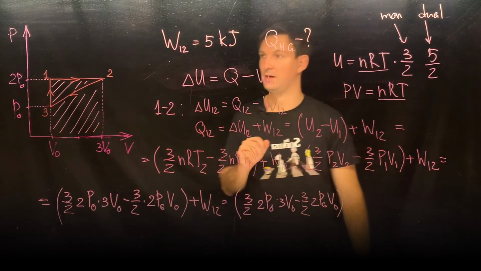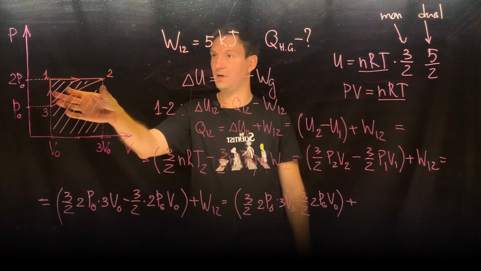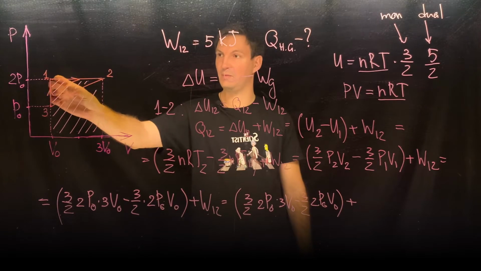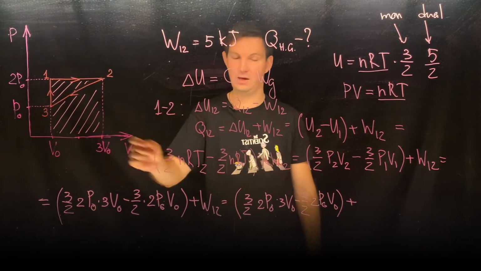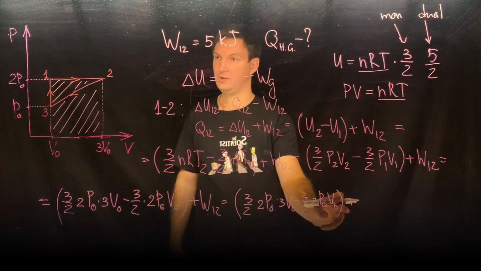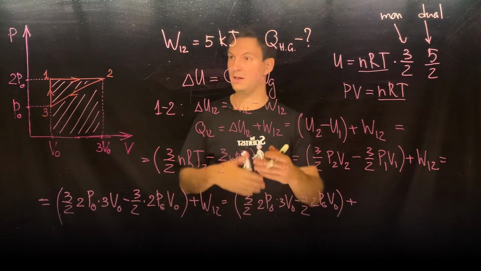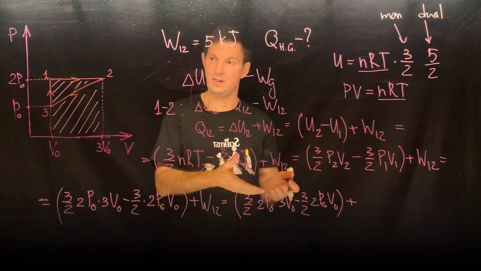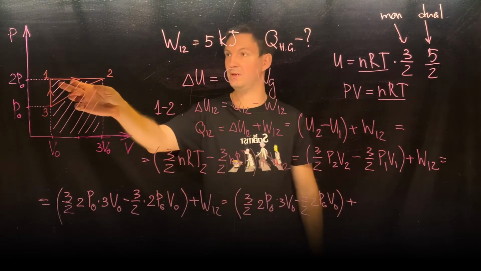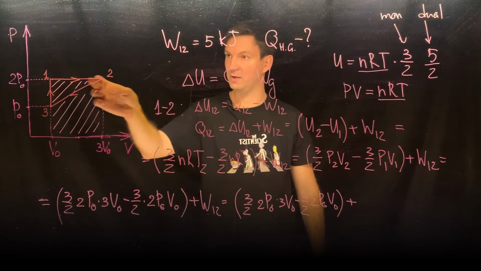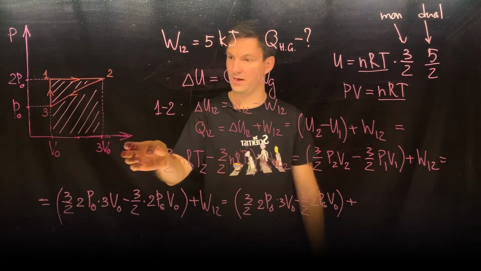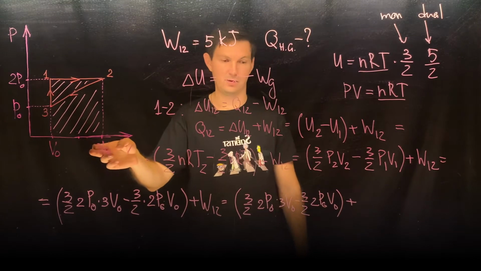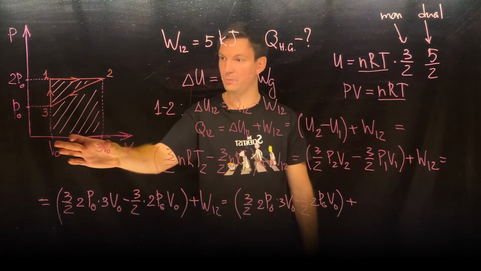and there is another thing. If the direction of transition from state 1 to state 2 coincides with the direction of the x-axis, then work will be positive. Otherwise, the work will be negative. In our case, we see that the transition from state 1 to state 2 coincides with the direction of the x-axis. So work will be positive.